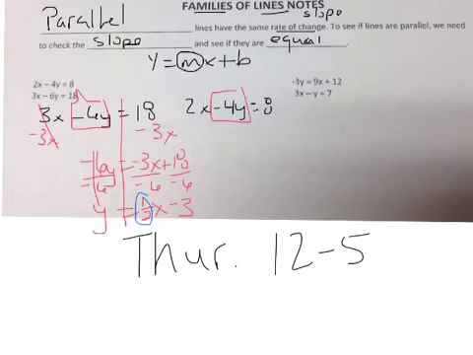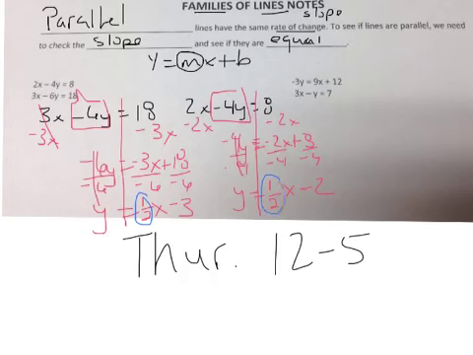This one, same thing. Box, draw down, minus 2x, minus 2x, negative 4y equals, write this into an mx plus b form, plus 8, divide everything by negative 4, those cancel, y equals, negative 2 divided by negative 4, Math 1 enter, is 1/2. 8 divided by negative 4 is negative 2.